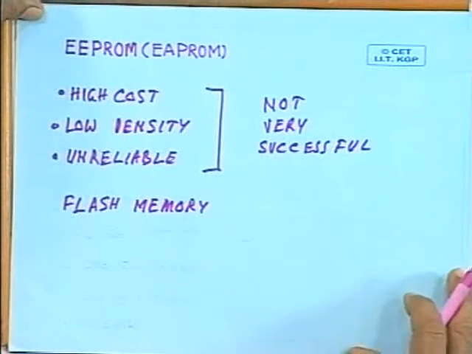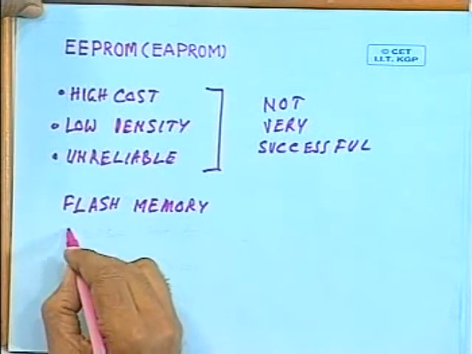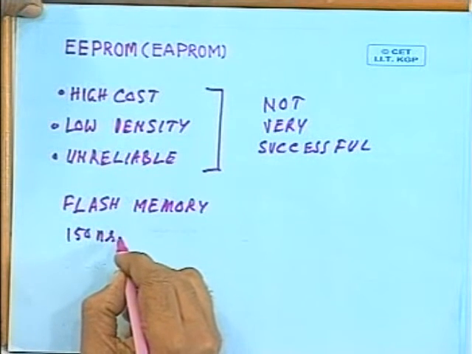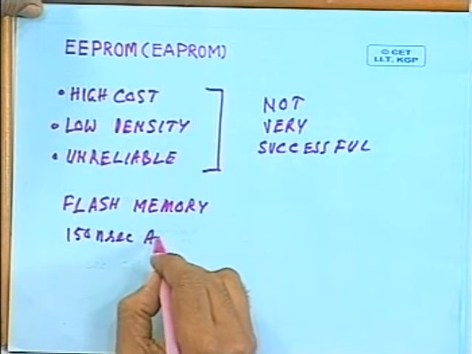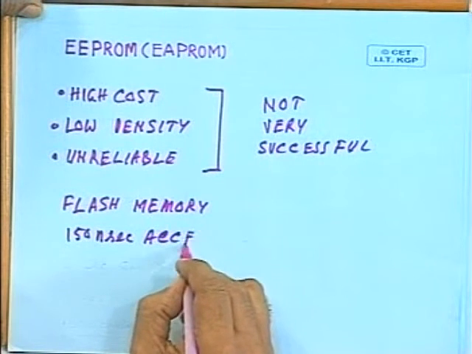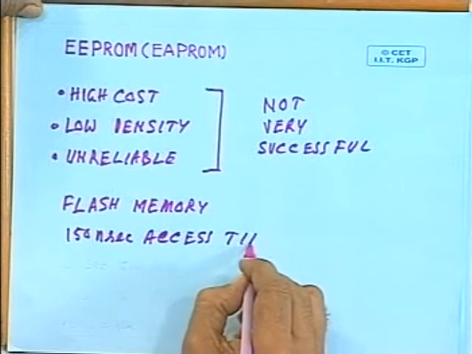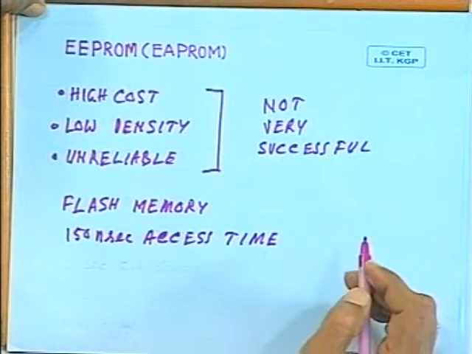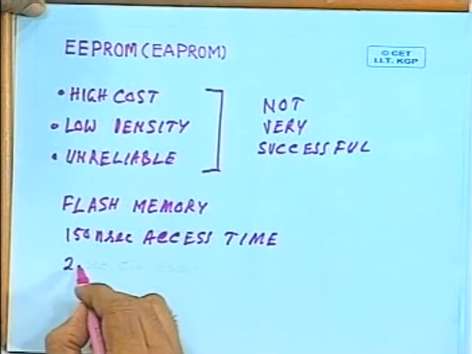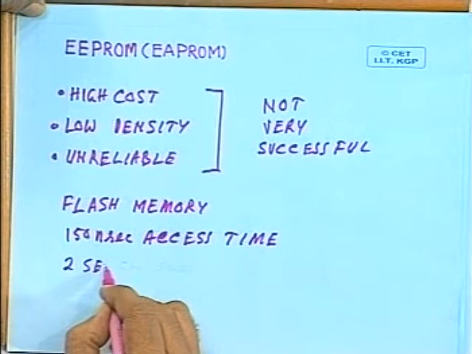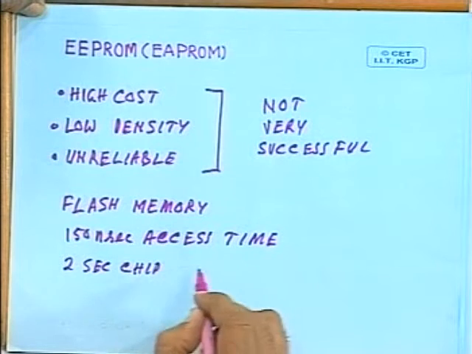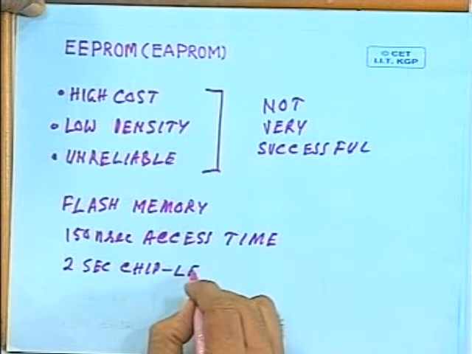Flash memory has become very popular nowadays. Particularly, flash memory devices can have an access time of say 150 nanoseconds, quite fast. So when you are using it online, it is very fast. Of course, for erasing, it will require about 2 seconds, and it can be done at the chip level, as I have told.